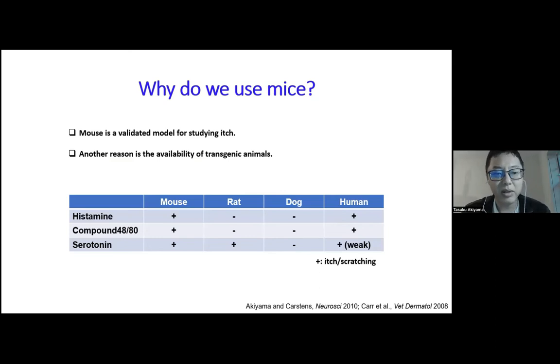For example, when we inject histamine, some dogs show scratching, but others don't. And if we try to repeat it, other dogs show scratching, and some don't scratch. So it's not a good experimental model, at least for acute itch. Another important reason is the large resource of transgenic animals.